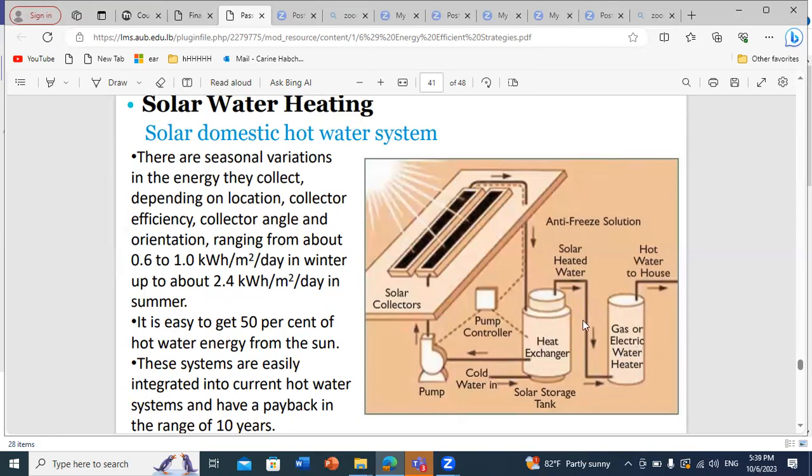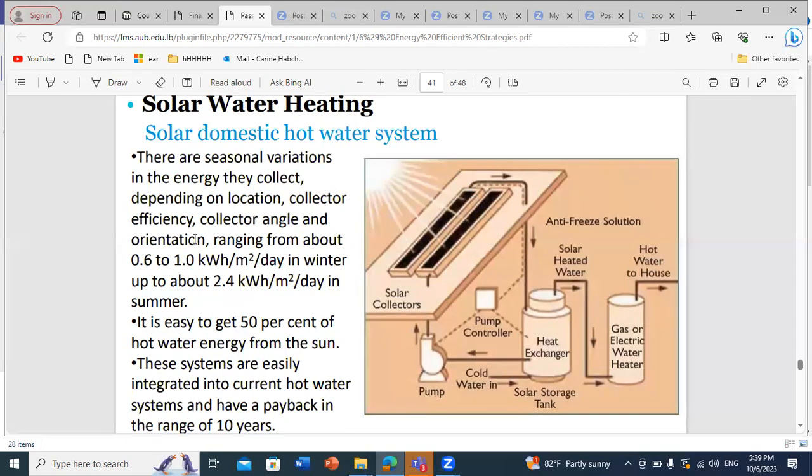Okay, so it's always advised to have a backup system in order to supply any extra need, or if the solar system is not working appropriately during some days of winter, you can rely then on the gas or electric water heater.